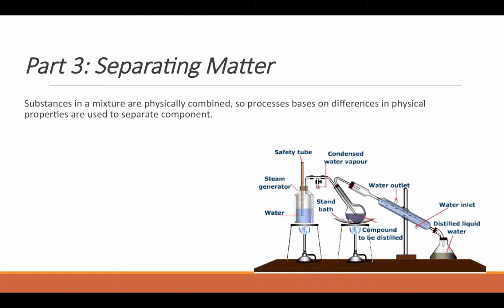An example of that would be something like salt water or sugar water, or if you're trying to make some kind of alcohol, or there's a bunch of different options. If you're trying to make candy, there's a different procedure for that as well. So when you are taking substances that are physically combined together, not chemically, you're trying to separate them into their individual components.